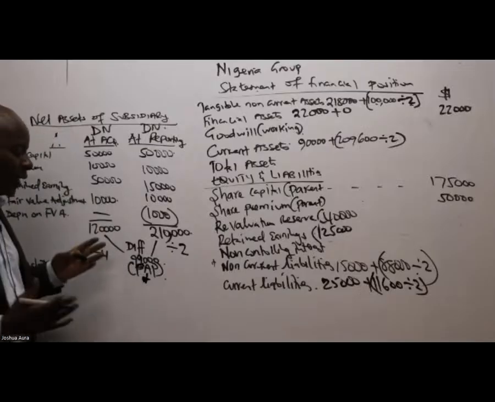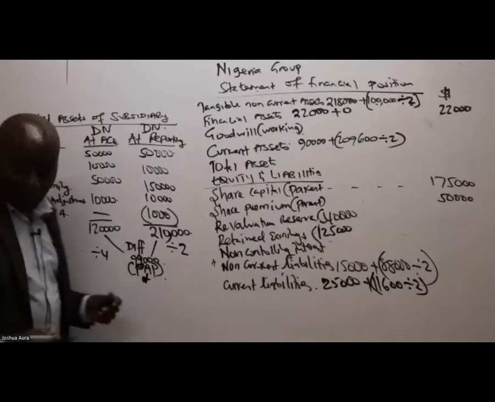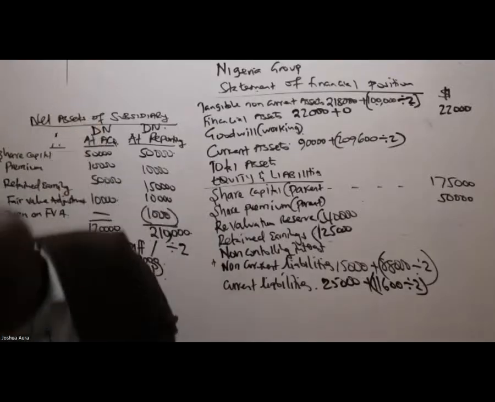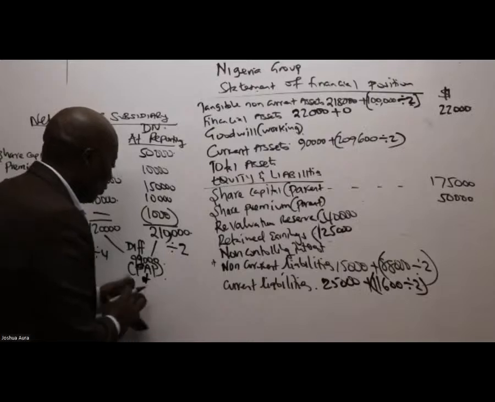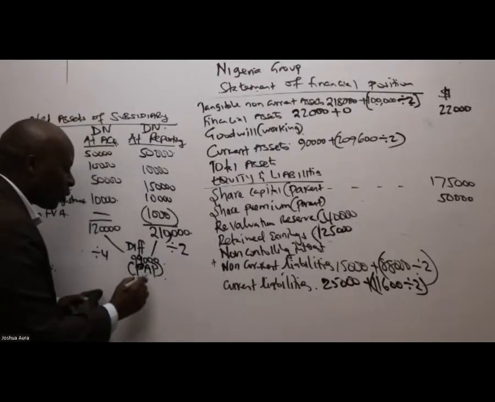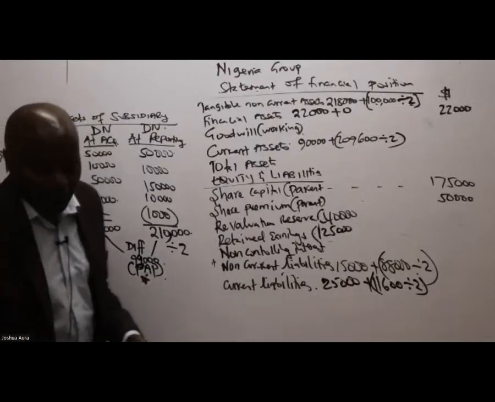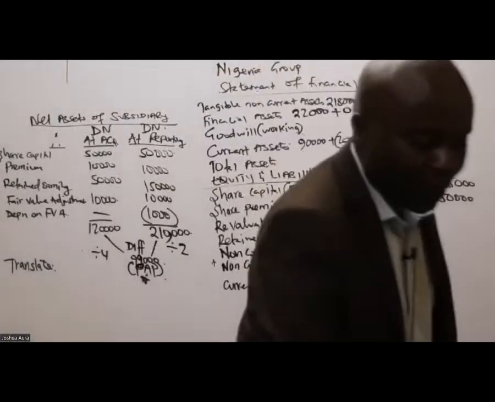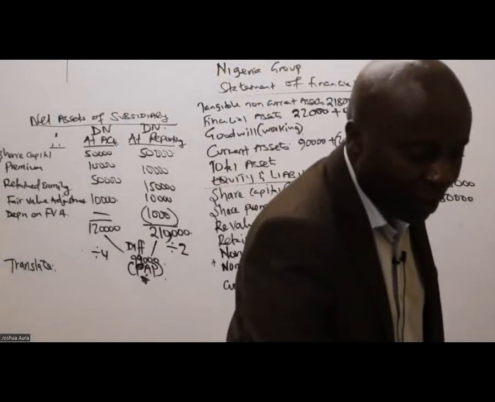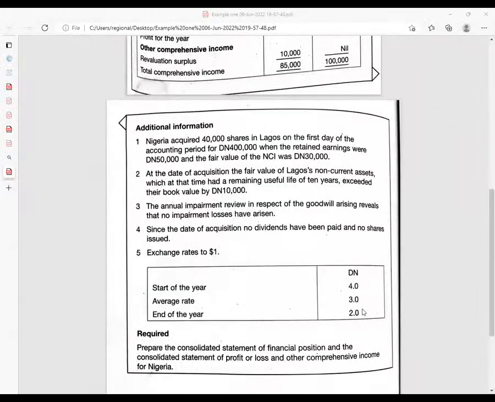So look for the average rate, and then we use it here. The average rate has been provided. It's 3, so divide this by 3.